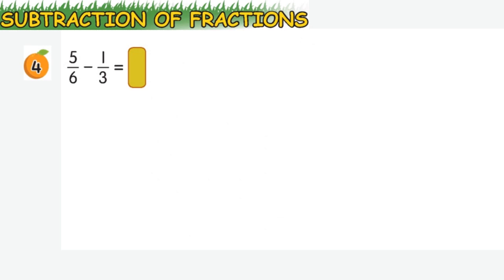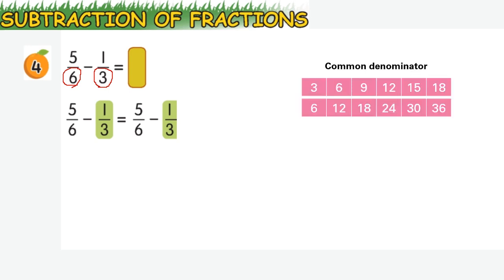Okay, let's look at our fourth example. 5 over 6 minus 1 over 3. The denominators are 6 and 3. They are different. So if the denominators are different, make sure again we find the common denominator by using table 3 and table 6. From the table we can find that they meet at 6.